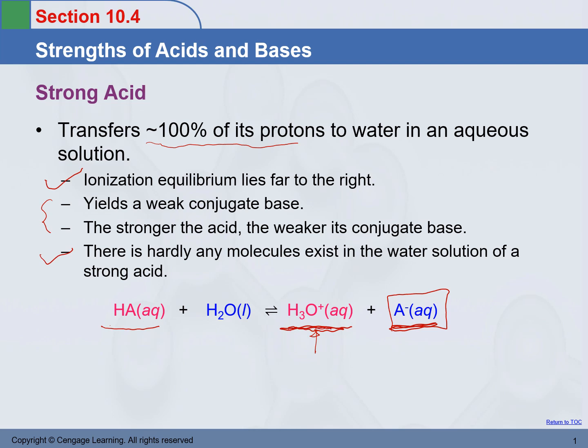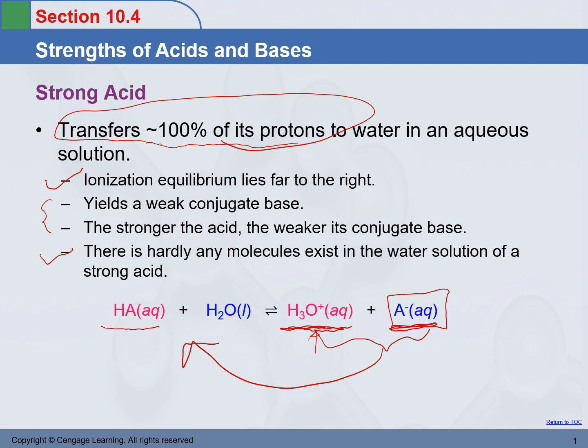However, according to the definition of the strong acid, this equilibrium lies far to the right, which means they do not go back. These two do not react to go backwards, which means this base, A minus, the conjugate base of that strong acid, doesn't care about protons.